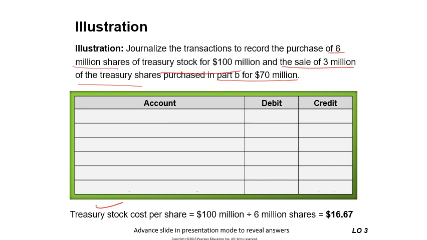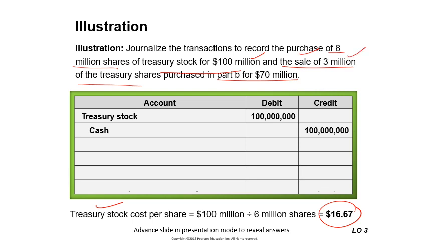You purchased 6 million shares for $100 million, so on average the share price is 16.67, right? So the entry would be that you purchase, which means cash decreases 100 million and treasury stock increases 100 million, treasury stock to cash.